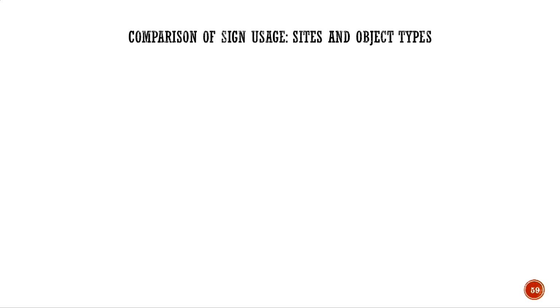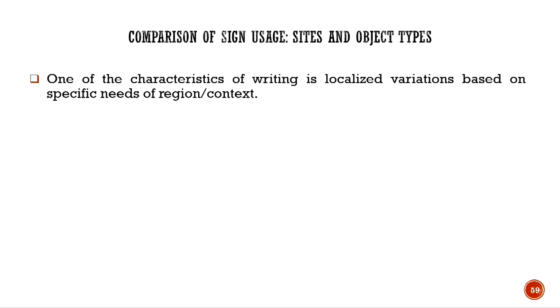So we use some of these clustering techniques to compare the usage of signs across different sites or different object types. One characteristic of writing is localized variation based on the specific needs of a region or a context.